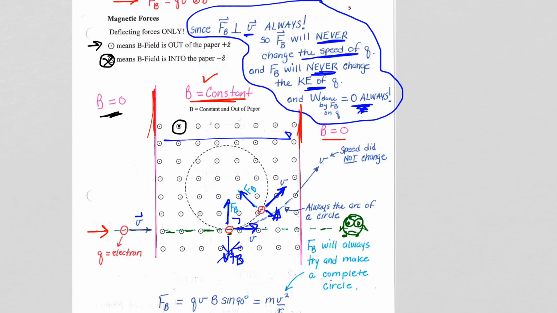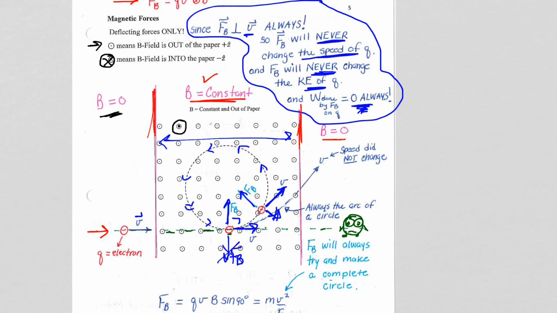So if I have enough room or the B field is simply strong enough, it can totally capture this particle and trap it in this region of space and spin it around. So I have a particle confinement situation. I've confined it to this B field. It's spinning around, it's not gaining speed, it's not losing speed. It's just trapped in this magnetic field.